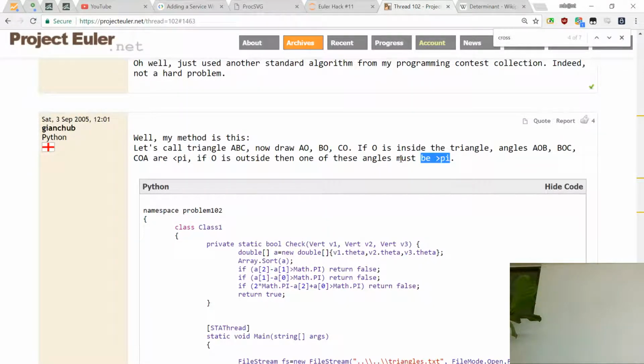So let's just take an example. It's outside. And here, in this triangle, the angle he's looking at is this, and it's greater than pi. So if any one is greater than pi, the origin is outside.